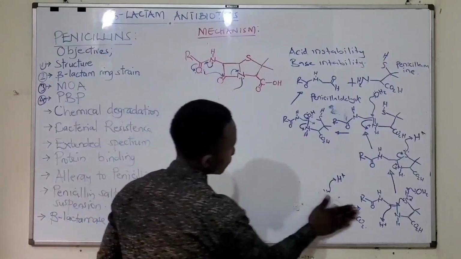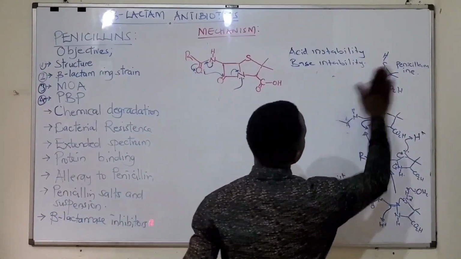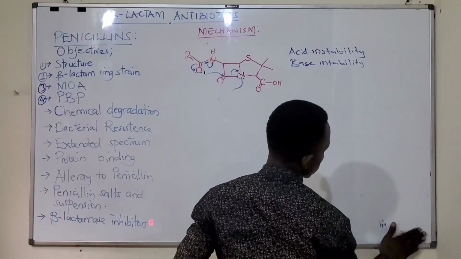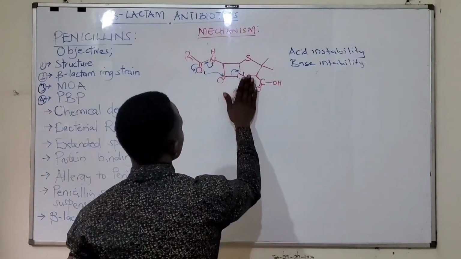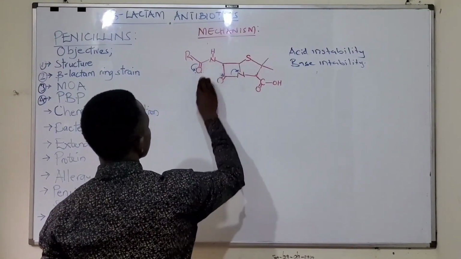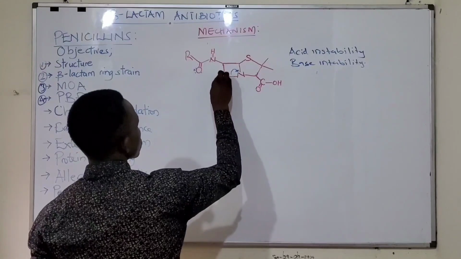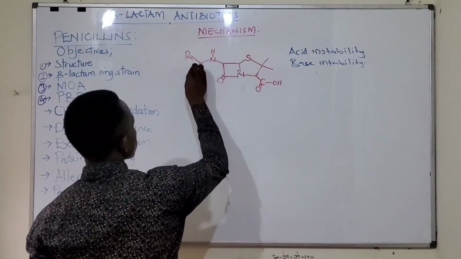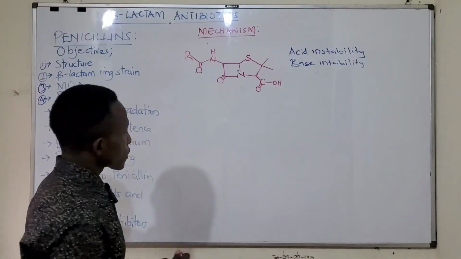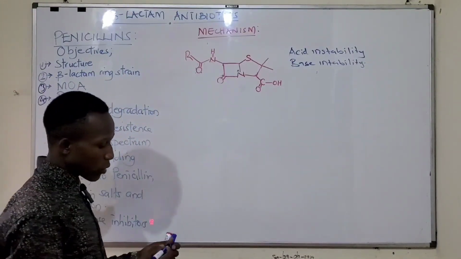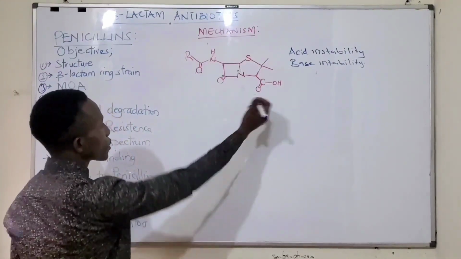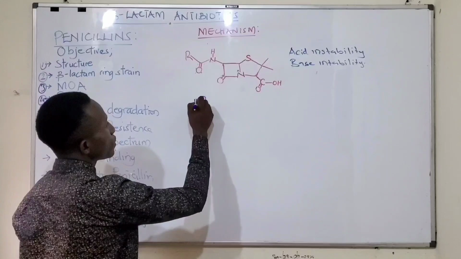let's see how it comes. For base instability, meaning that we shall have a lot of base. Here we shall represent the base with the hydroxyl group.